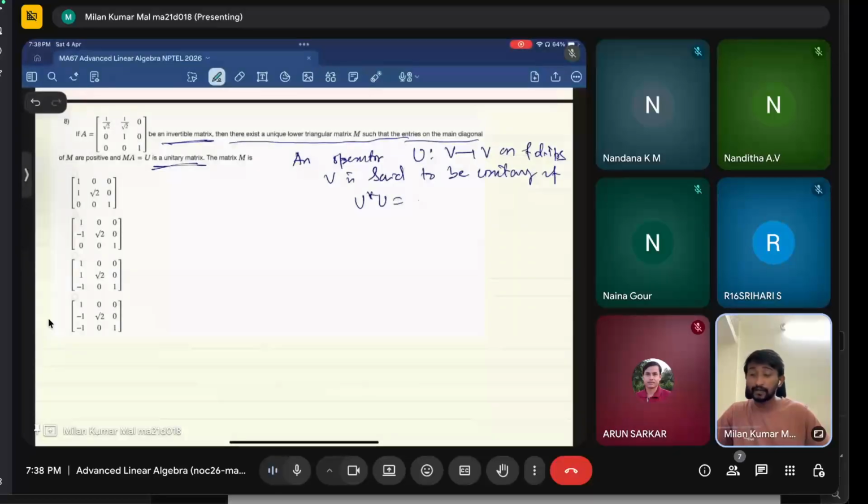And for the matrix, we say the same way, where star is the conjugate transpose of the matrix.